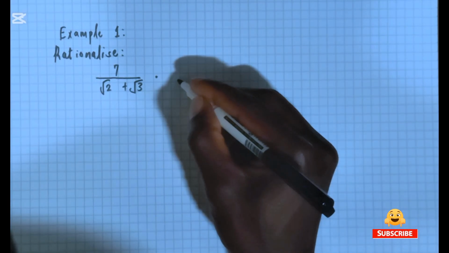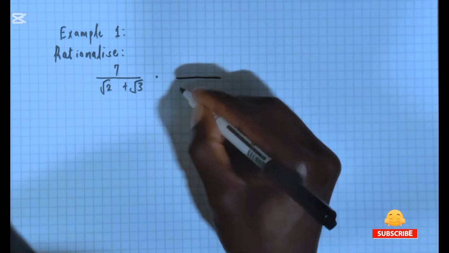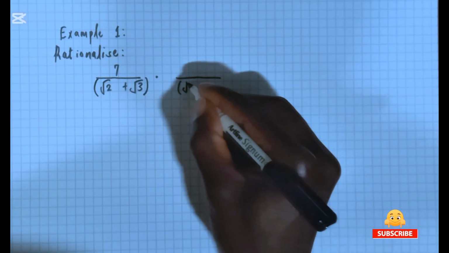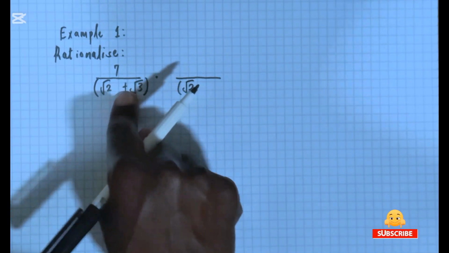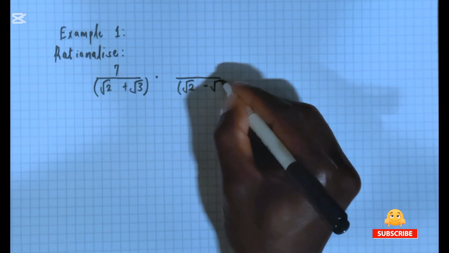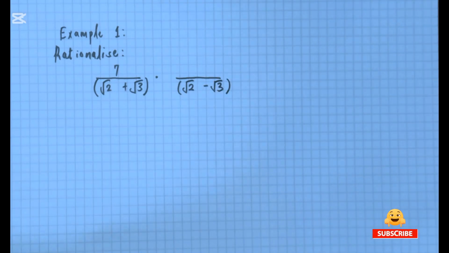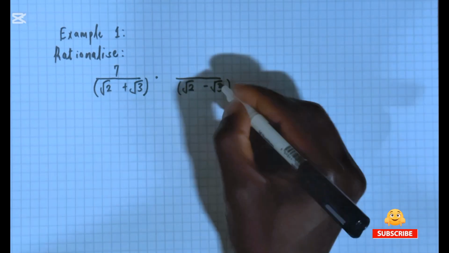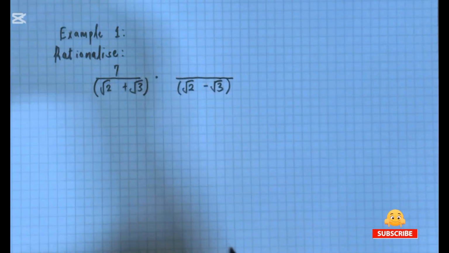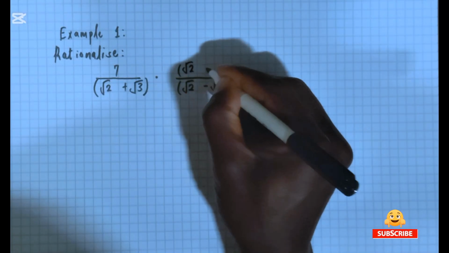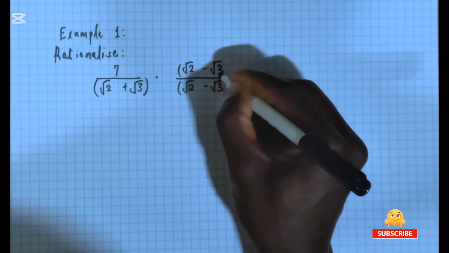The conjugate of the denominator in this case will be, in brackets, the surd of 2, now instead of having plus, we're going to have minus, the surd of 2 minus the surd of 3. We're also going to multiply the numerator by the same, so in the numerator we have the surd of 2 minus the surd of 3 as well.